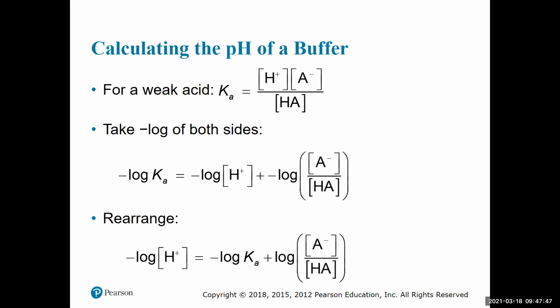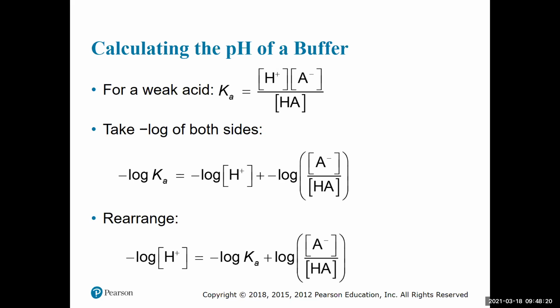Then we can rearrange this. All we're going to do is take this minus the log of the anion divided by the acid concentration and move it over to the left-hand side with the minus the log Ka term. That'll change this sign to plus. And so we can rewrite that as minus the log of the hydrogen ion concentration equals minus the log of Ka plus log A minus over HA.